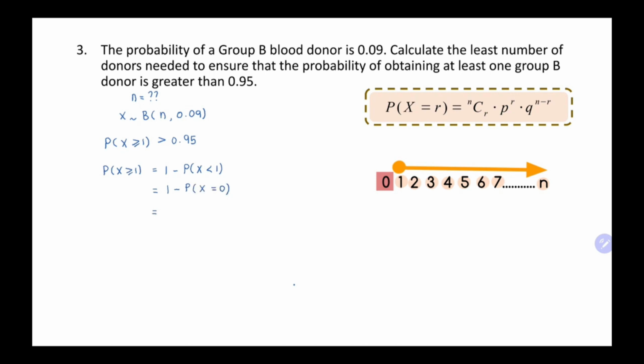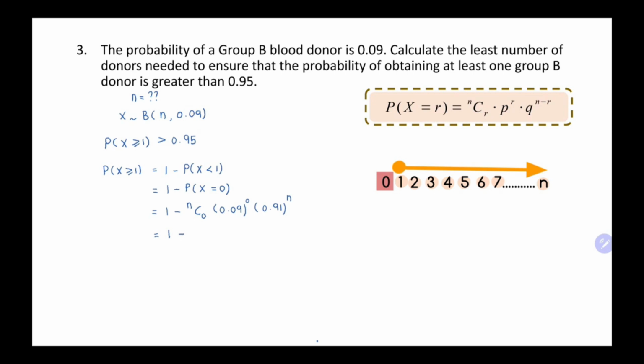Okay, then we can use formula for binomial NC0, P is 0.09 power of 0, and Q we minus, we get 0.91 power of N minus 0, so we get N. Then we solve, we get 1 minus NC0 is equals to 1.